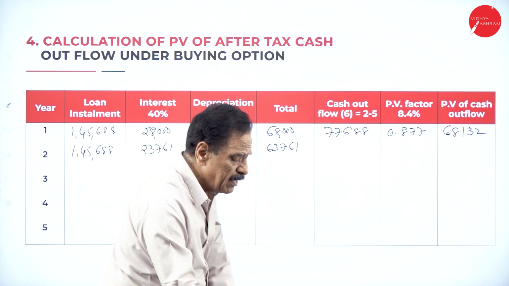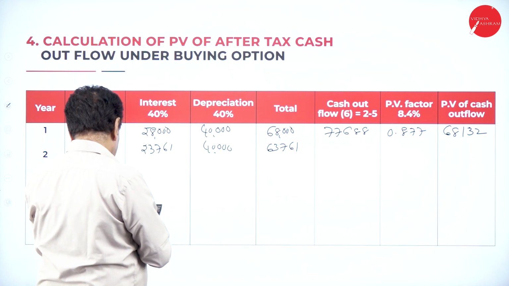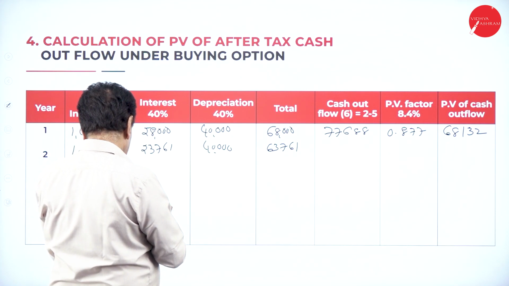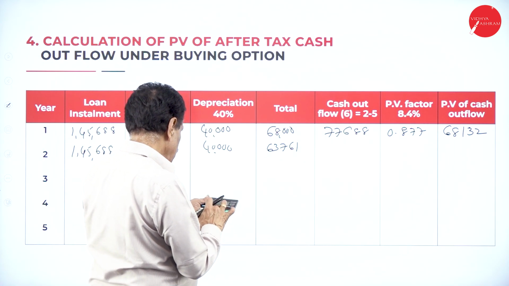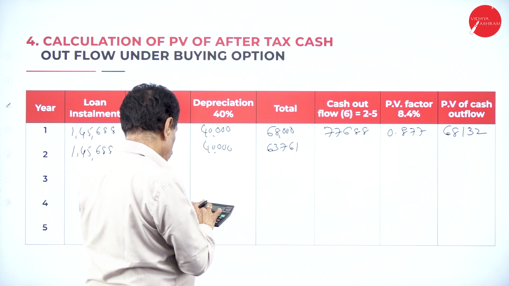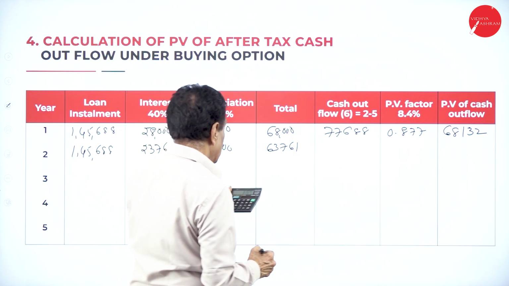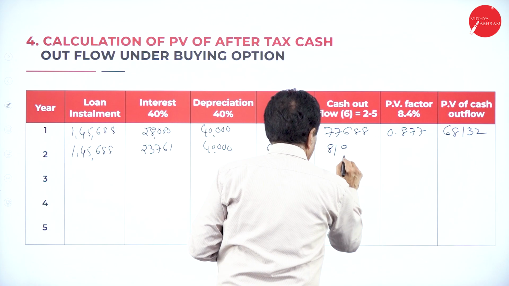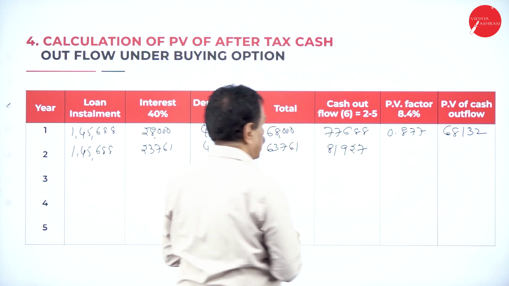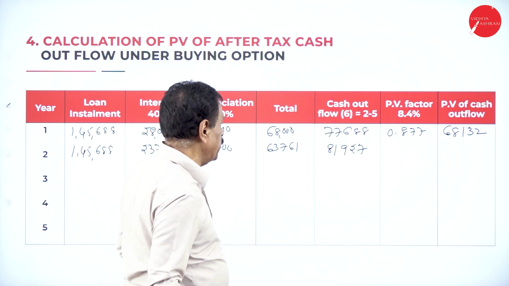So 1 lakh 45,688 minus 63,761 is 81,927.